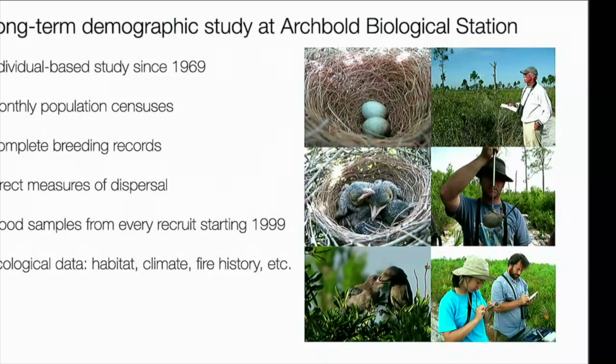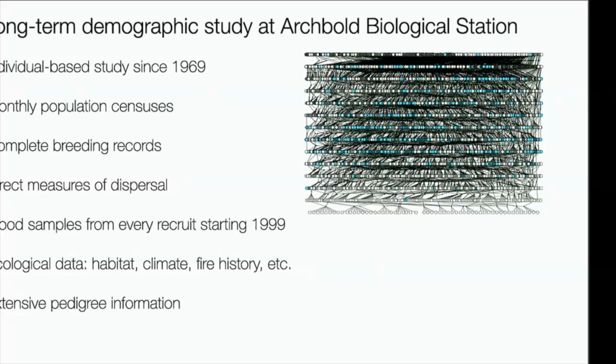So we have this really nice archive of blood and DNA samples for all the birds in our population. Finally, there's also a whole suite of ecological data: habitat quality, climate measures over time, fire history, food abundance, etc. Over the past more than 50 years, we've accumulated complete life histories and phenotypic data for more than 10,000 individuals on a 15-generation pedigree.